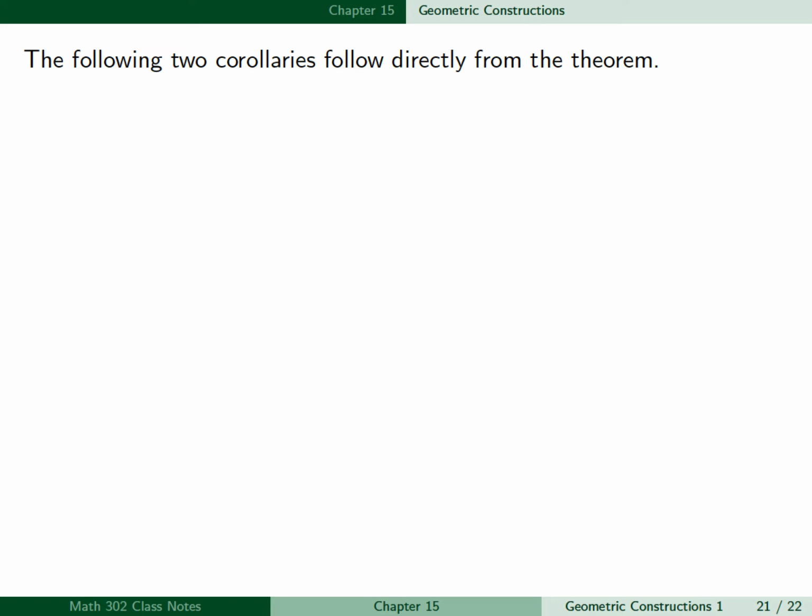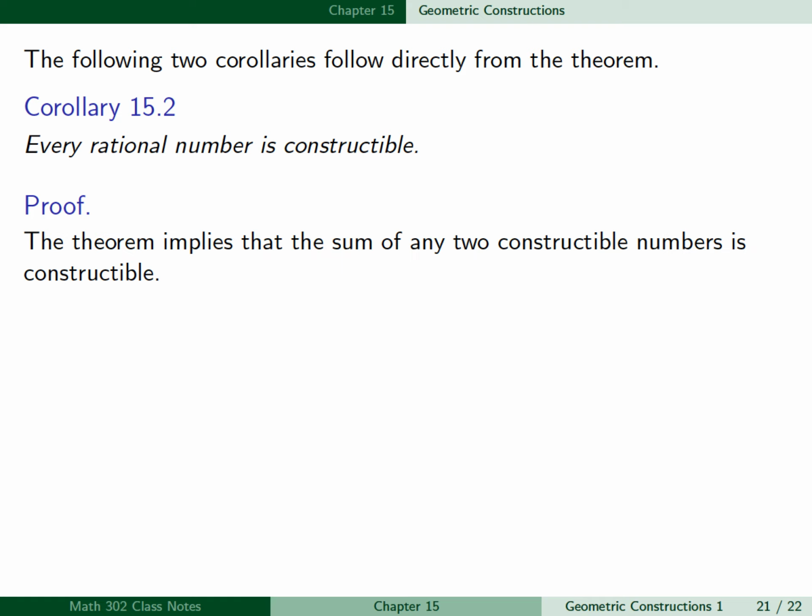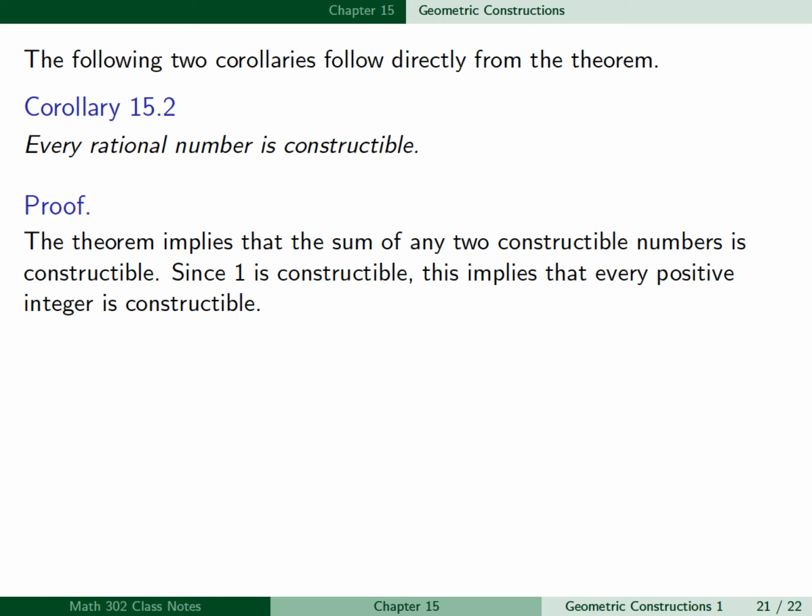Now the following two corollaries follow directly from the theorem. The first is corollary 15.2, which states that every rational number is constructible. So to prove this, first note that the theorem implies that the sum of any two constructible numbers is constructible. And since 1 is constructible, this implies that every positive integer is constructible.